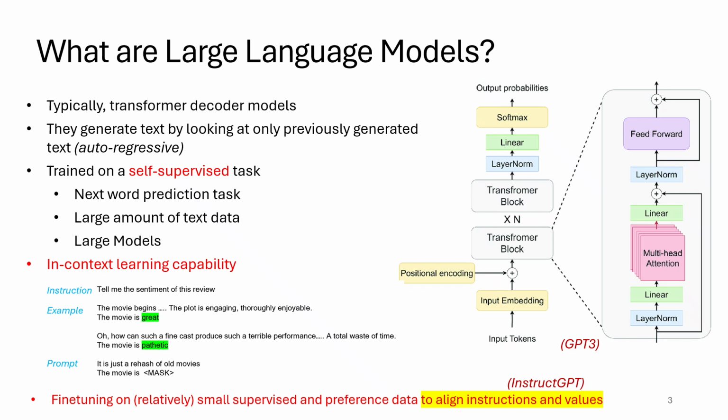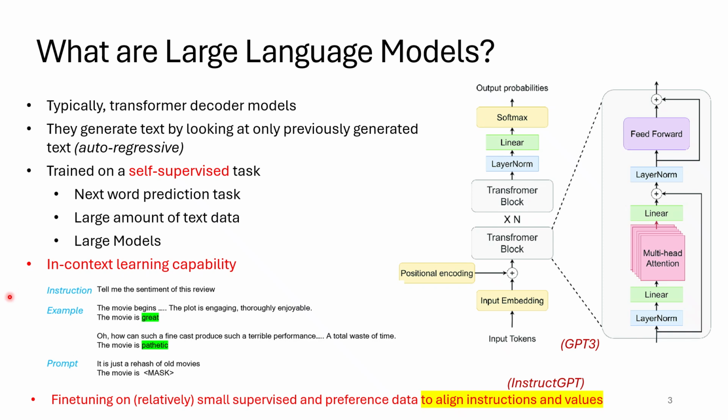And then they imbibe the models with this interesting capability, which is the capability of in-context learning. What that means is if you present the model a few examples of a task, the model is then able to understand the task and then given a new input, perform the task. As an example, what you can see here is an instruction, a task of sentiment analysis.